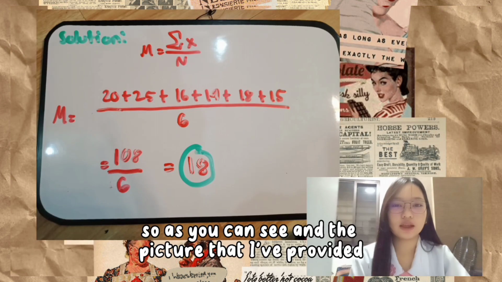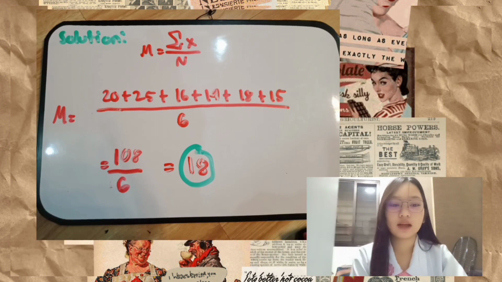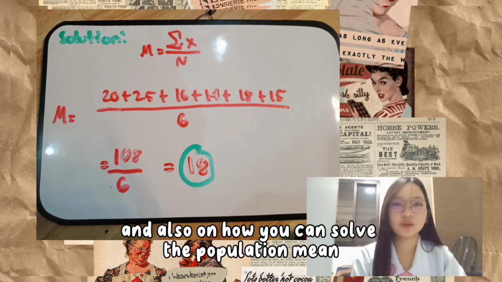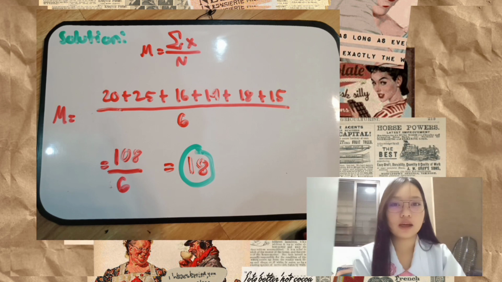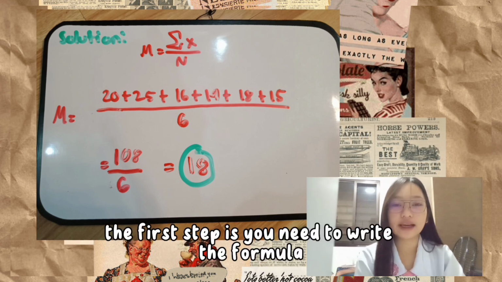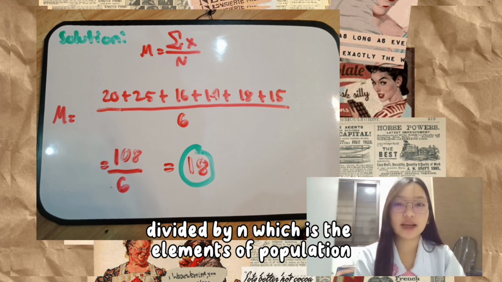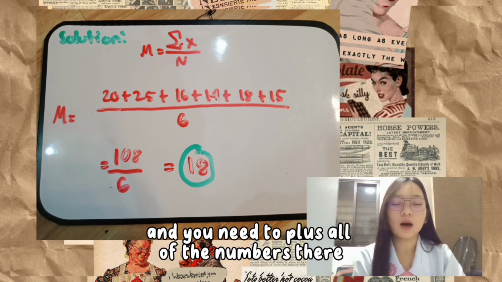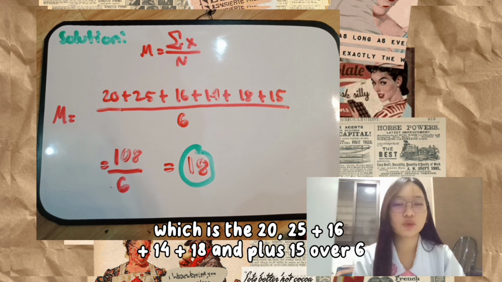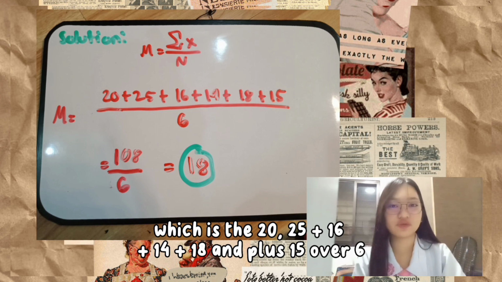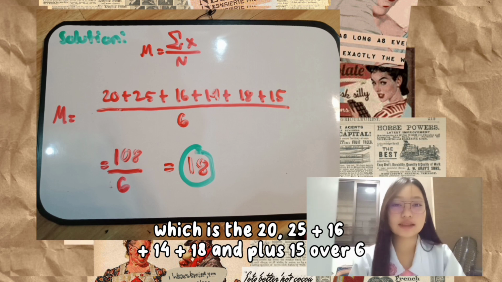As you can see in the picture that I've provided, I wrote there the formula and also how you can solve the population mean. The first step is you need to write the formula, which is the population mean is equal to the summation of x divided by n, which is the number of elements of the population. And you need to add all of the numbers there, which is 20, 25, plus 16, plus 14, plus 18, and plus 15, over 6.